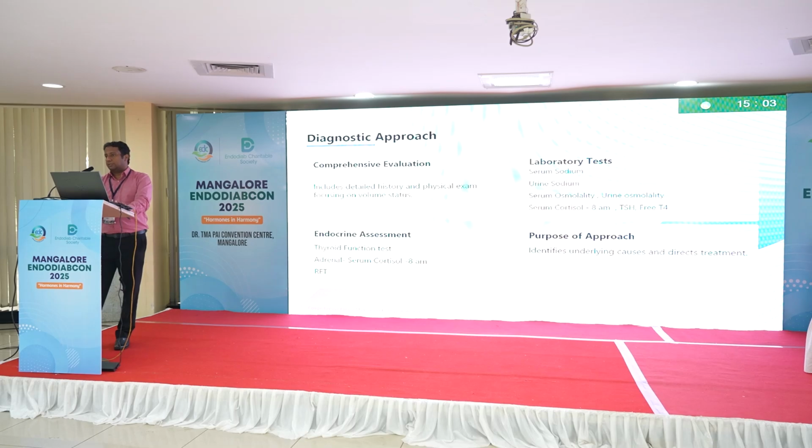If you do it after sodium correction, it will be high. Then serum osmolality. In SIADH your urine osmolality will be high, whereas in other conditions you expect a dilute urine. Then cortisol and thyroid profile have to be done. Endocrine testing is very important. A lot of times we send the thyroid profile, but we fail to check the cortisol.